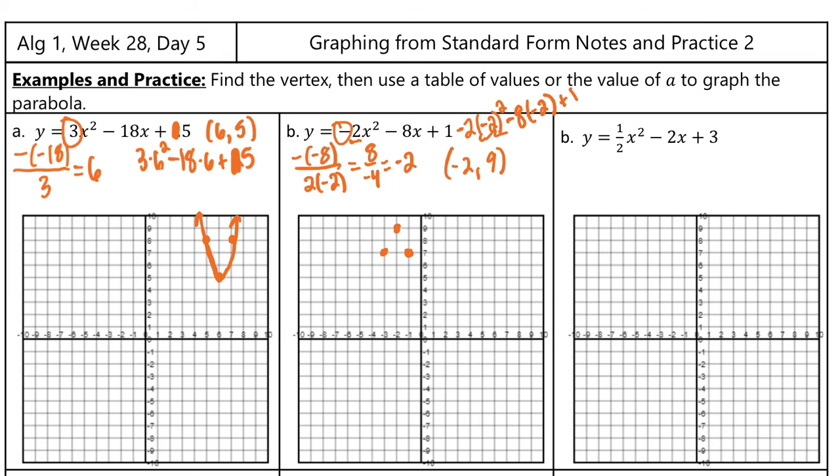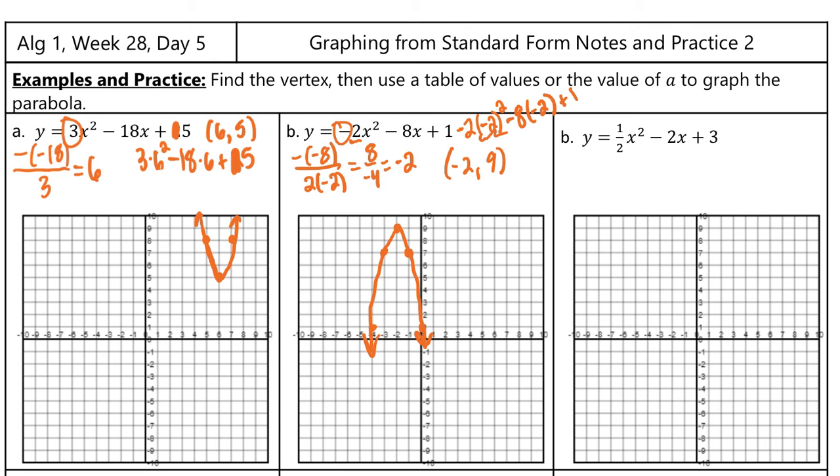I love to count. 1, 2, 3, 4, 5, 6, 7, 8. Out 1, down 2, out 2, down 8. Open down, and vertically stretched and shifted and all that.